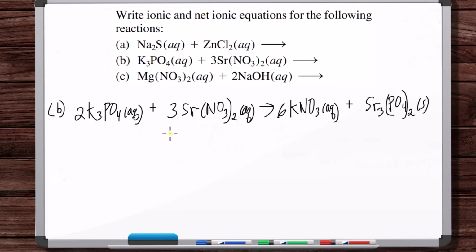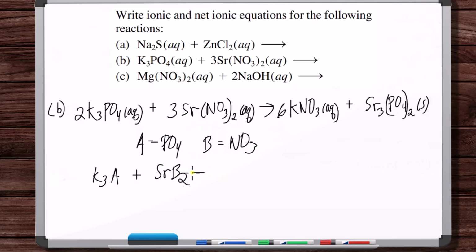Let's see. So if A is equal to PO4 and B is equal to NO3, then we've got K3A plus SrB2, then KB plus Sr3A2, is that right?